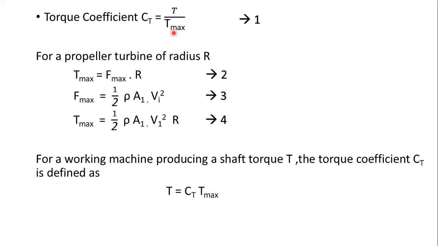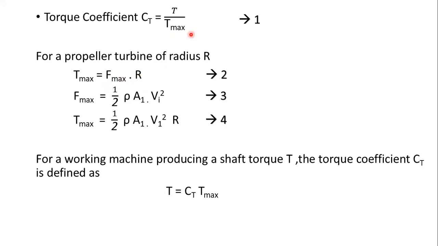So if you consider a propeller turbine of radius R, we can define the maximum torque T maximum is equal to F maximum into R. T is equal to force into radius. If you take the maximum torque, the force will also be maximum here.